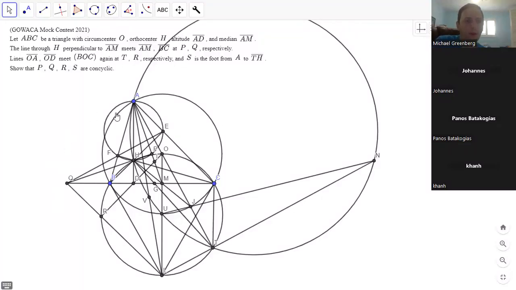So we want to show that AI over IM is DG over GM, right? And AI over IM is AD over OM. So I don't know, I'm just thinking here.